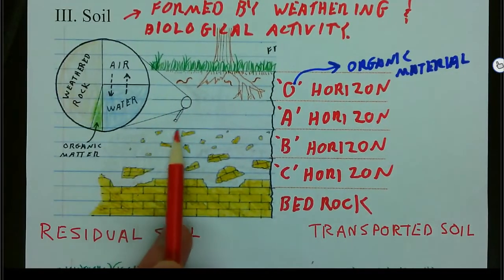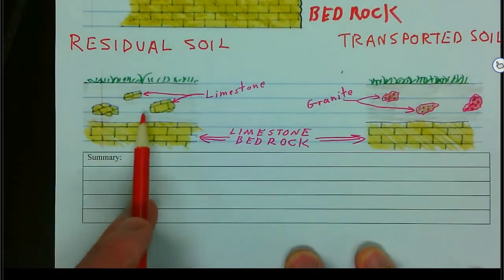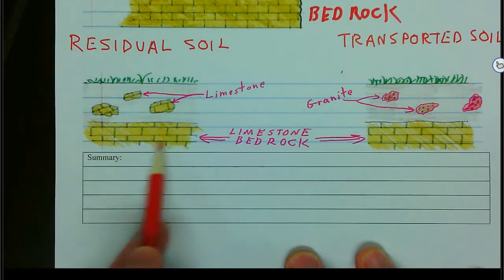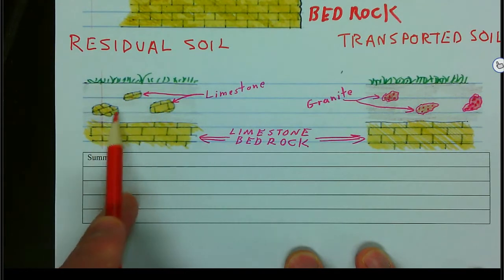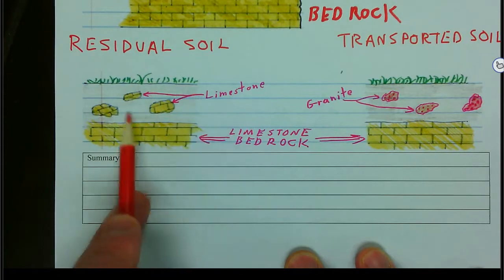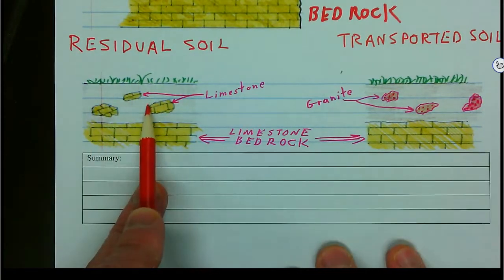When we look at those chunks of weathered rock in residual soils, those chunks of rock are from the bedrock. So here we have pieces of limestone from the limestone bedrock. So this soil formed in this area. This is where it was made.